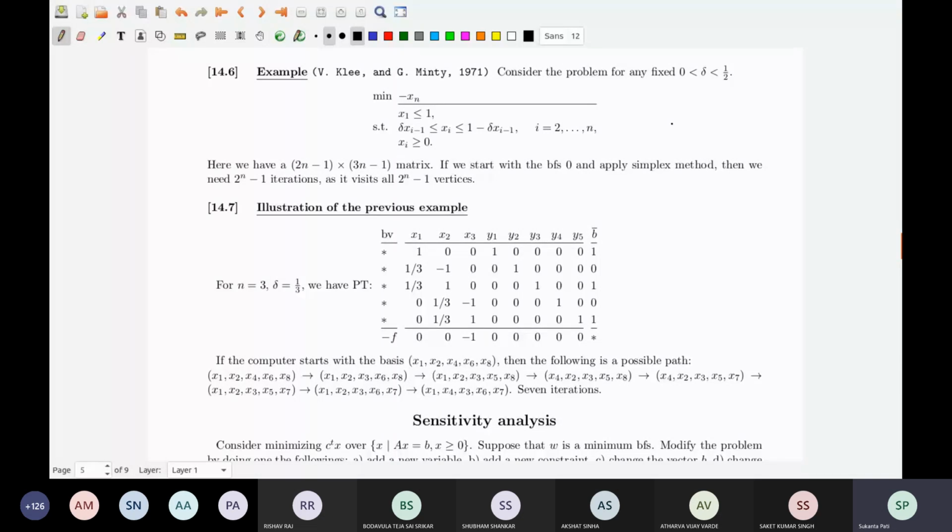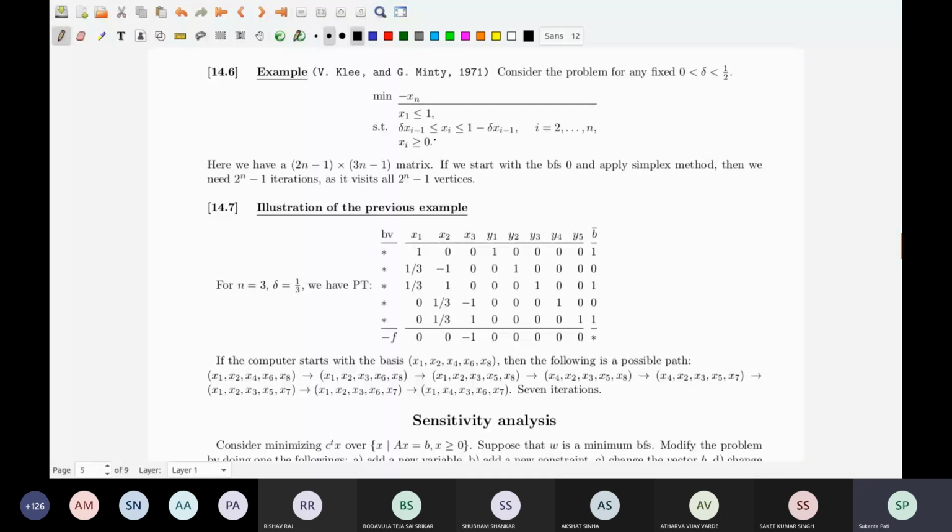So x1, x2, x3, because you have 3 variables, and then you will have extra variables, because it will start from i equal to 2 to n. So x1 is less than or equal to 1, and then you have 2 and 3, so you have 4 equations from there. You change this and you try this, you will be seeing this.